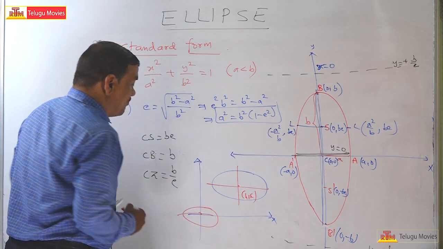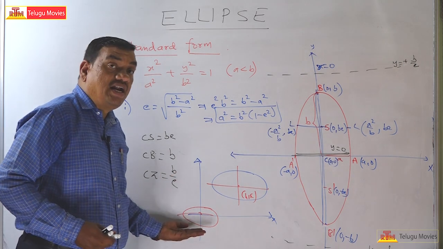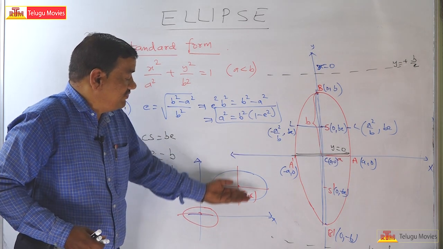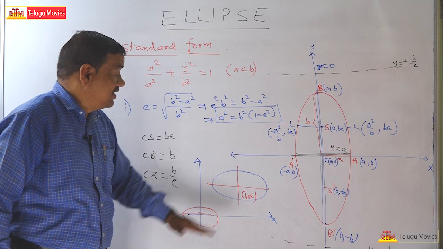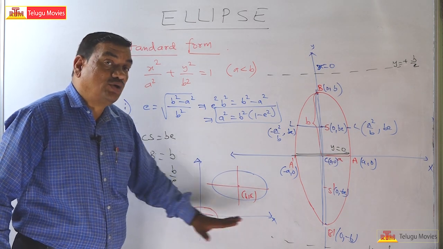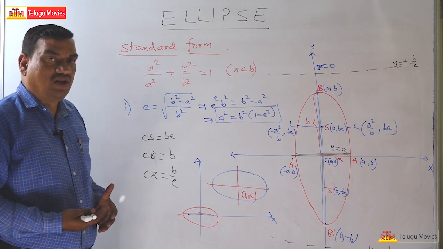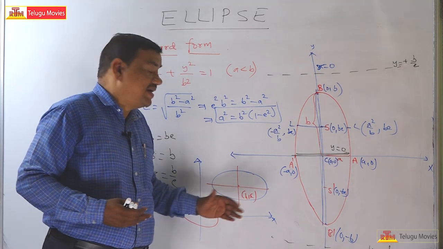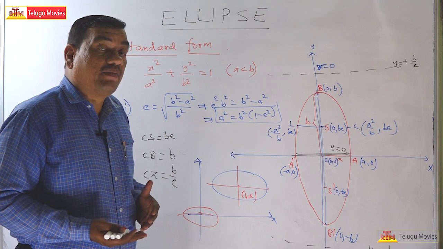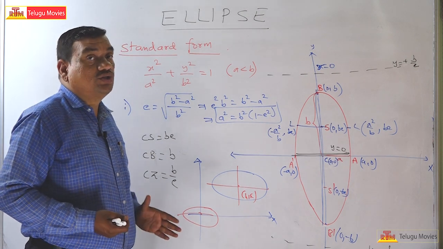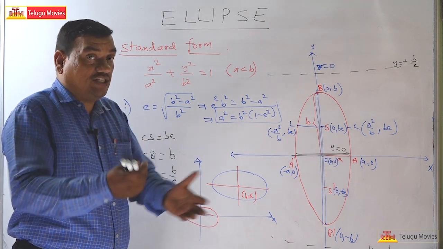This is your standard form, shifted so that the center is (h, k) and the major axis is parallel to the x-axis. Then all these points get an increment: h for the x coordinate and k for the y coordinate. All those things you will see in the next class.